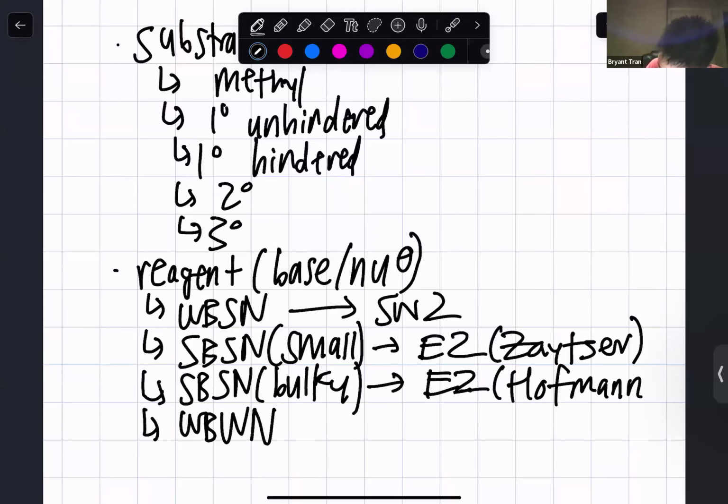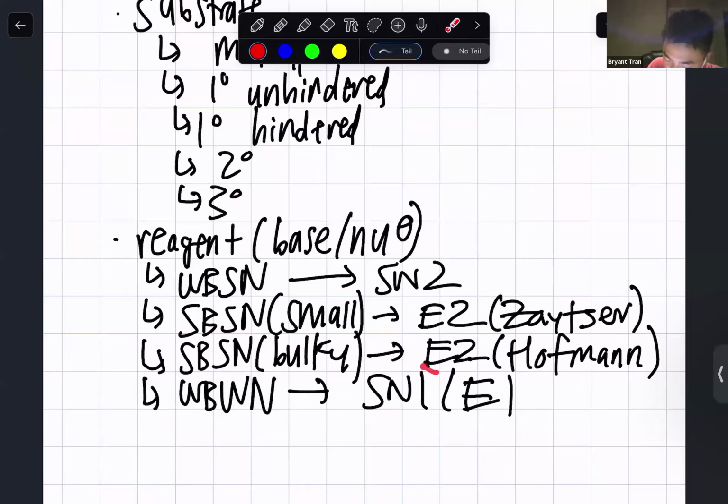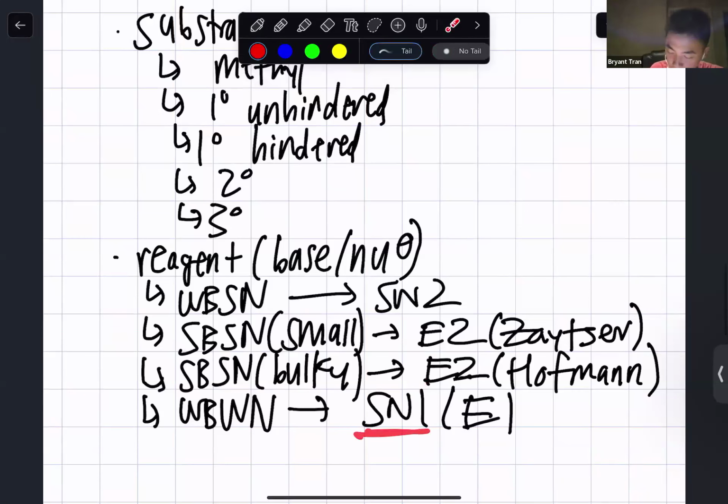Okay, and I'll go over what that means when I go over E2 examples. And then the weak base, weak nucleophile are gonna do SN1, E1. Whenever an SN1 reaction happens, an E1 reaction will also happen, right? But the major product would be SN1, unless heat is added. If heat is added, then it's gonna favor the E1 reaction.